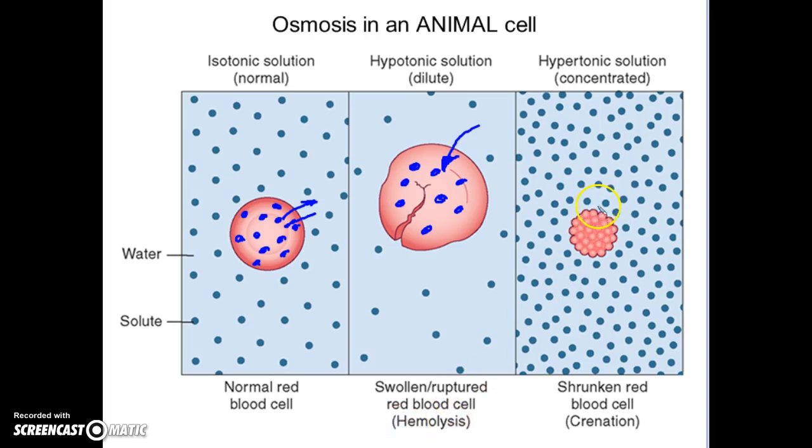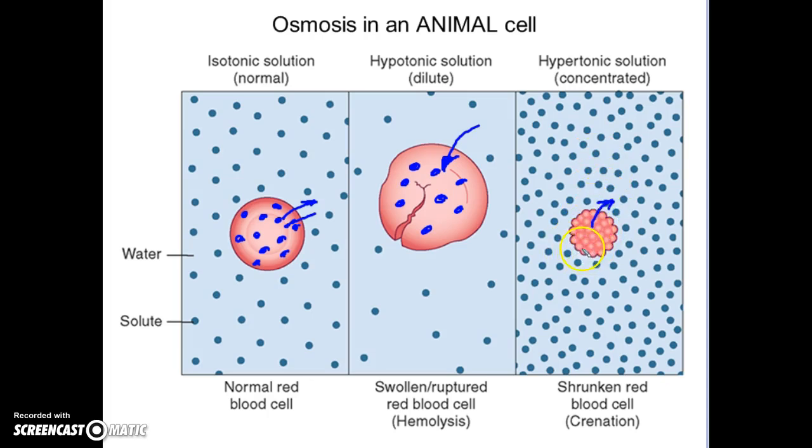And then the next situation is where the concentration of solute is really high outside of the cell and not very high inside of the cell. So the net movement of water will be out of the cell. And we actually get a cell that will shrink. Okay, so if you put a cell into an environment that has too much salt in it, the blood cells will shrink.